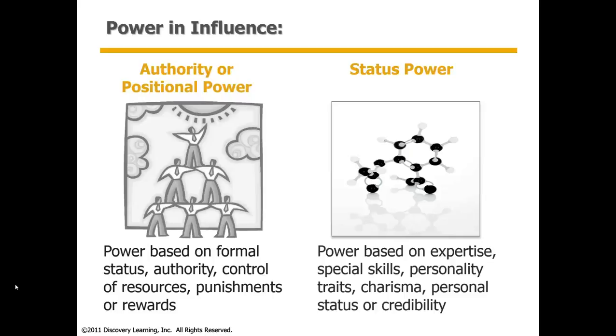It's given by the people with whom you form a particular kind of affiliation. And that power can be based on how well you connect with people, your own charisma, the respect for the skill set that you bring, your own status and credibility. All of those are pieces of what forms status power.